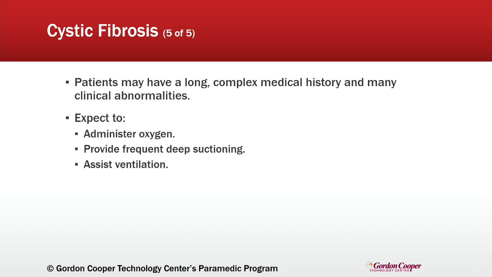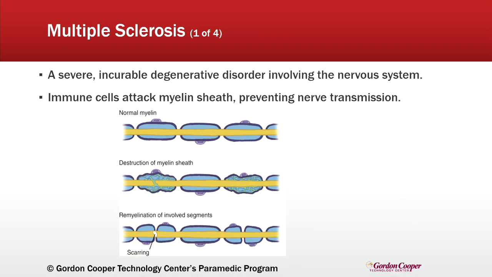Cystic fibrosis is usually diagnosed in infants and children, and then they progress to adulthood. Diagnosis requires specialized testing that is not available in the pre-hospital setting. So always alert the receiving facility if you think cystic fibrosis is suspected, but more than likely they're going to already be diagnosed with that condition.